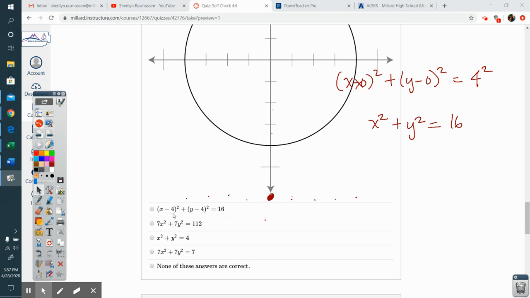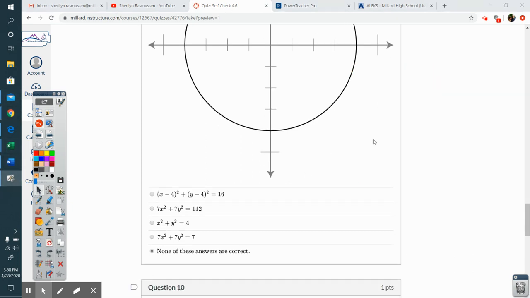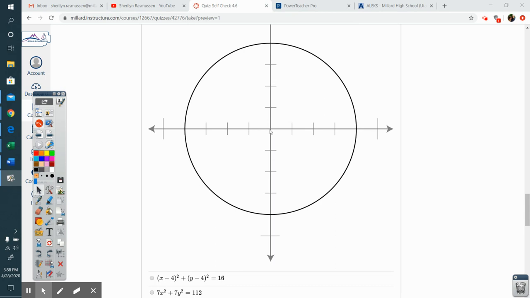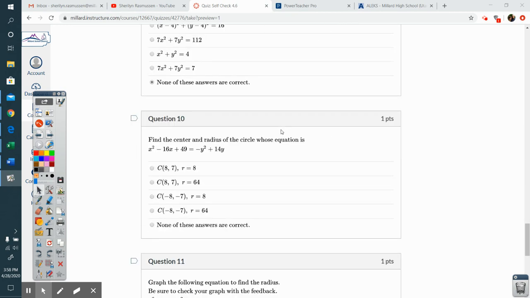We got the 16 here, but the center is not at 4, 4. The center would have to be at 0, 0. So when we look at these, none of these answers are correct for this problem. But you can see how you solve a problem like that by just following what the center is. You plug it in to solve for this.